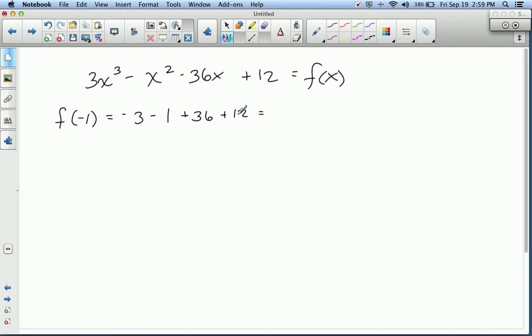So that looks like 48 minus 4, looks like a 44. And I'm going to evaluate it at 1 as well, in which case I get 3 minus 1 minus 36 plus 12. So that gives me negative 22, I think.